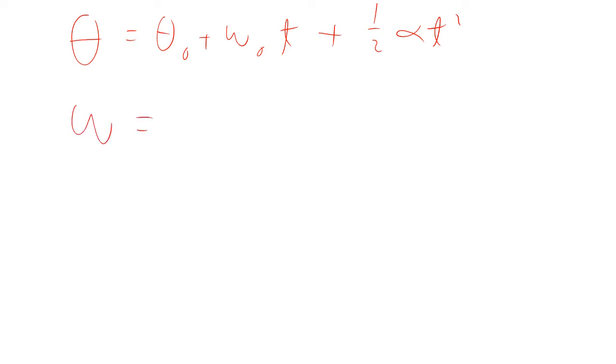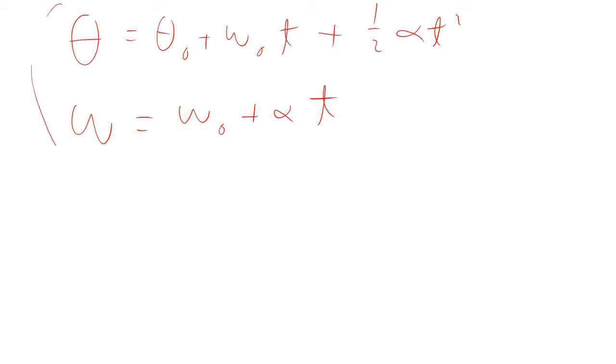So the relationship for theta is theta naught plus omega naught t plus 1/2 alpha t squared. And omega, the derivative of that, is omega naught plus alpha t.